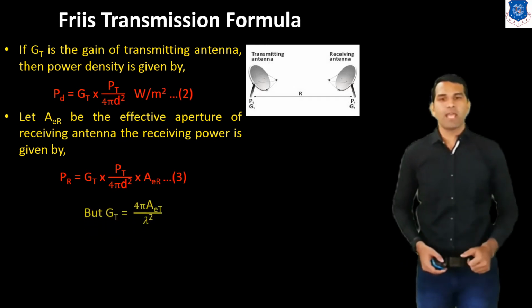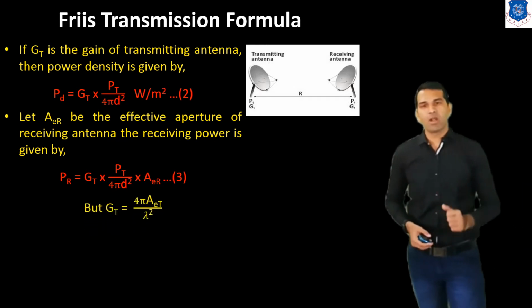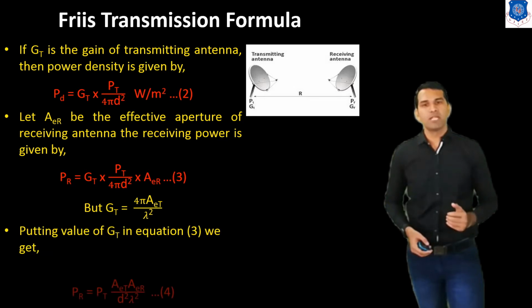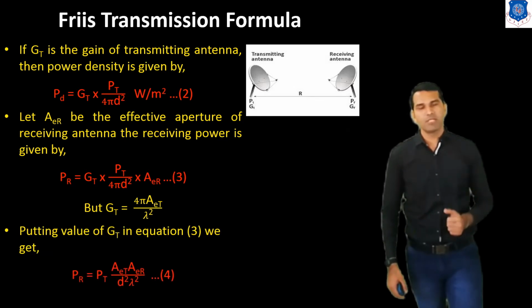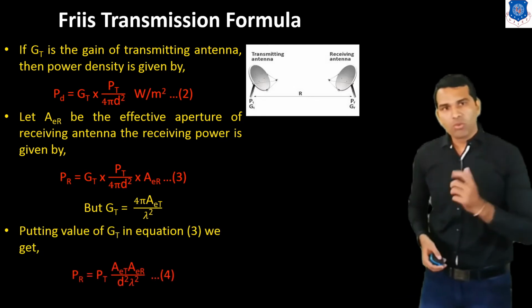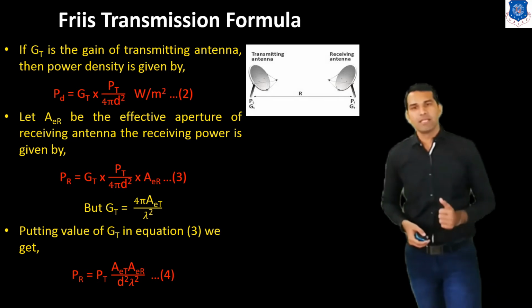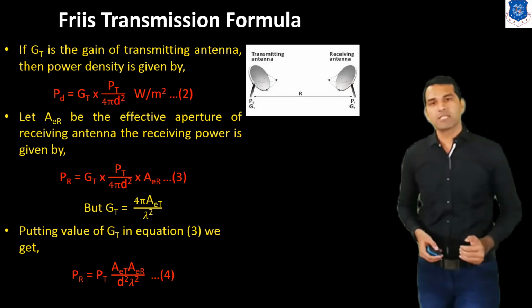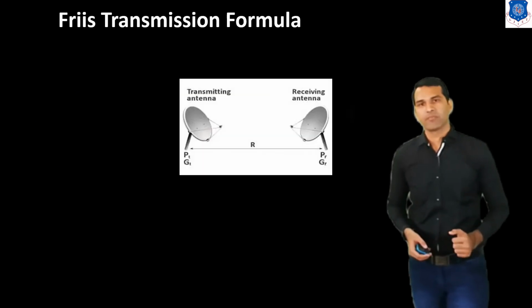But we know that GT is nothing but 4 pi AET upon lambda square. So now we substitute the value of GT in equation number 3. So we get PR is equal to PT AET AER upon d square lambda square.